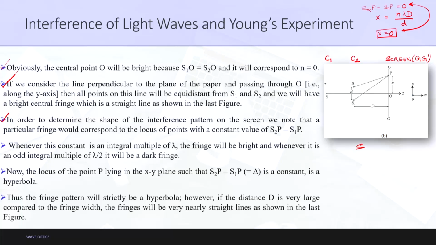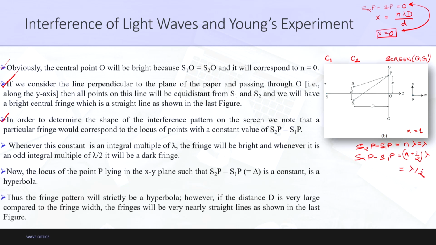So at any point, from the last concept I explained, S2P minus S1P can be equal to n lambda for coherent addition, and for incoherent addition it is (n plus 1 by 2) lambda. For n equal to 1, it will be lambda, and for the other case, lambda by 2.